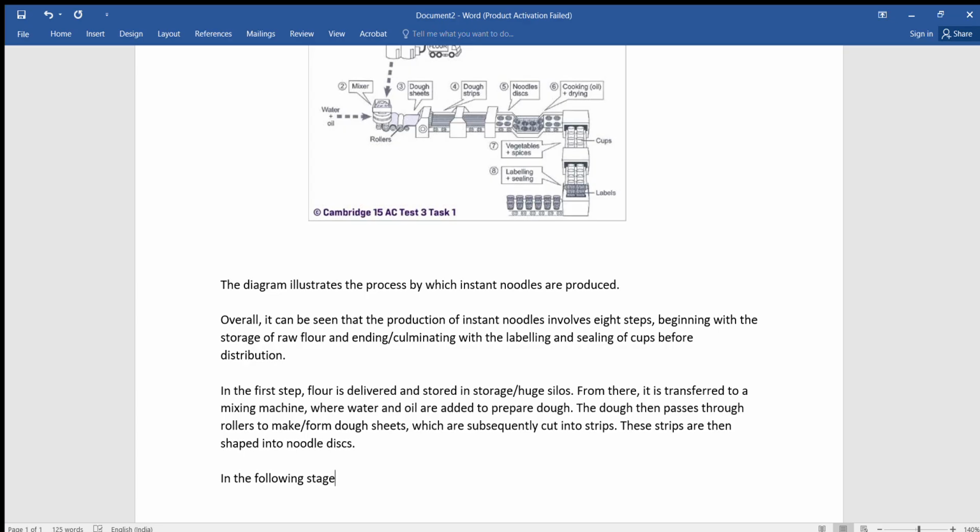In this stage, the noodle discs are cooked with oil and then dried. Okay.